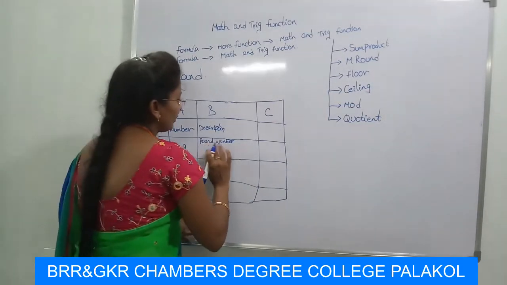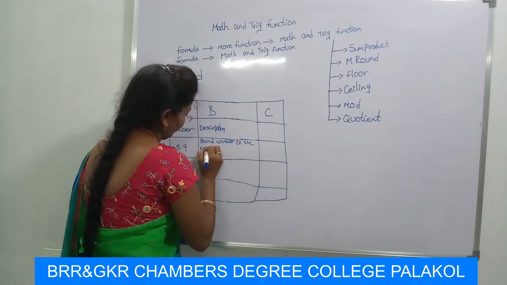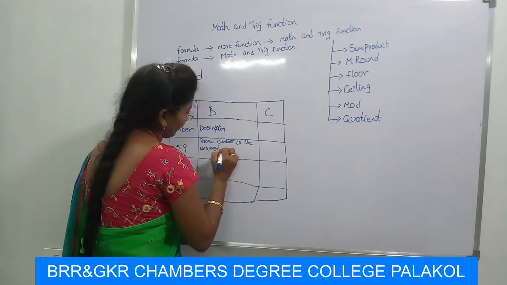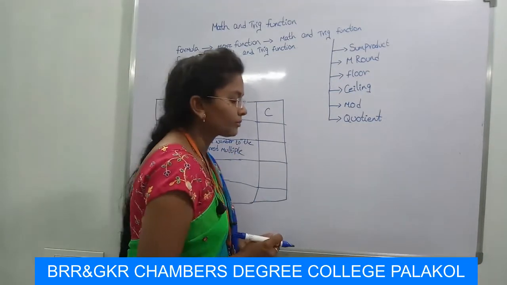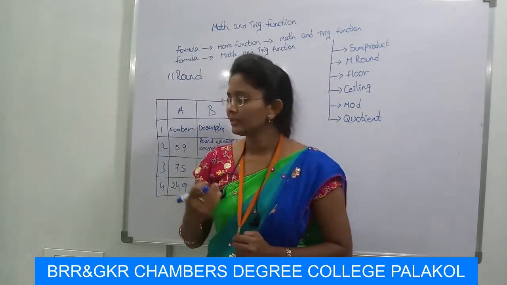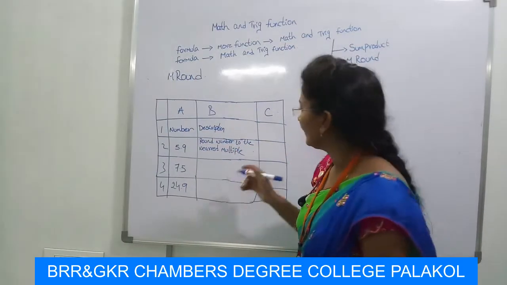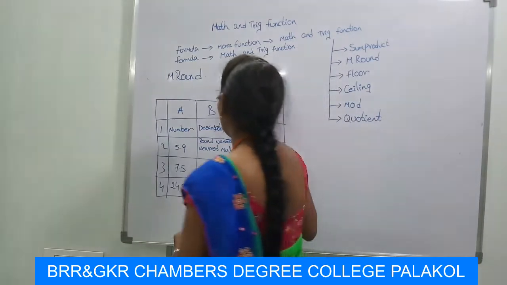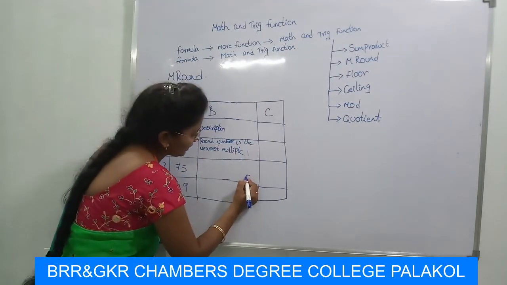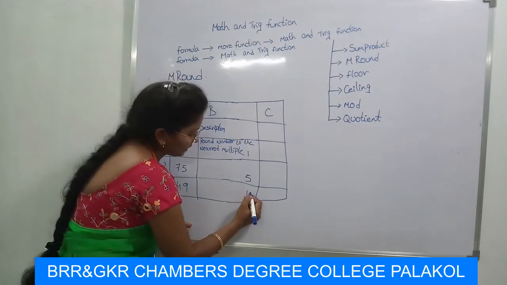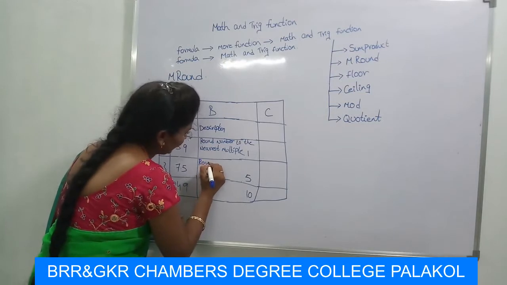Round number to the nearest multiple. Here nearest multiple means I have to take some values here. In this B2 cell, I have to take some nearest values, like here I am taking 1 as a multiple, and here I am taking the multiple as 5, and here I am taking the multiple as 10. But the description should be same for all.